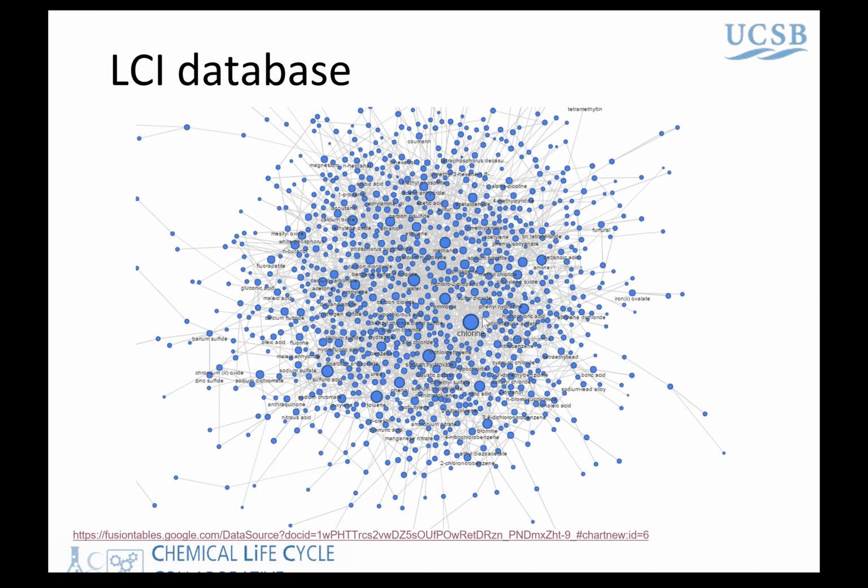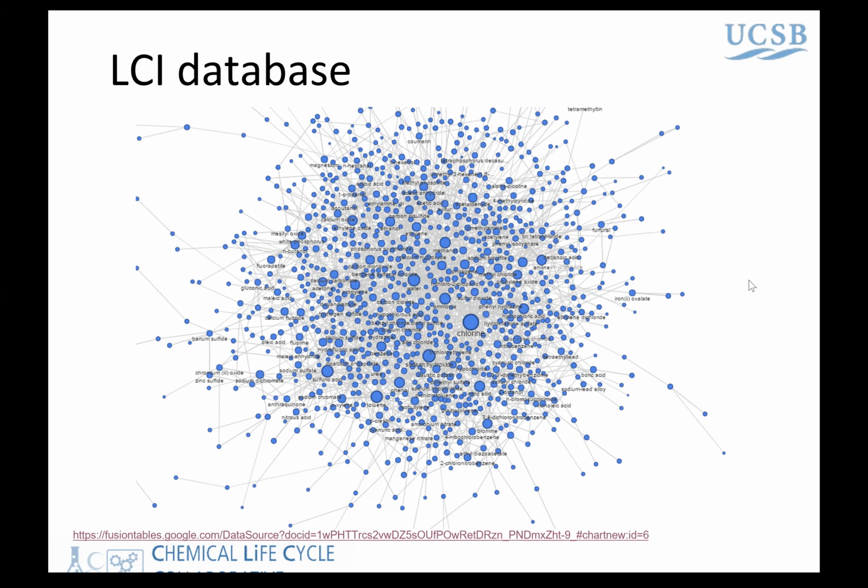The size of the nodes represents the frequency with which each chemical is referred to by other chemicals in the same database. We want to make sure that we have very accurate LCI results for these building block chemicals. We cannot see it from this graph, but in our database currently we have some nodes that are not connected to the main island, meaning those chemicals are disconnected.